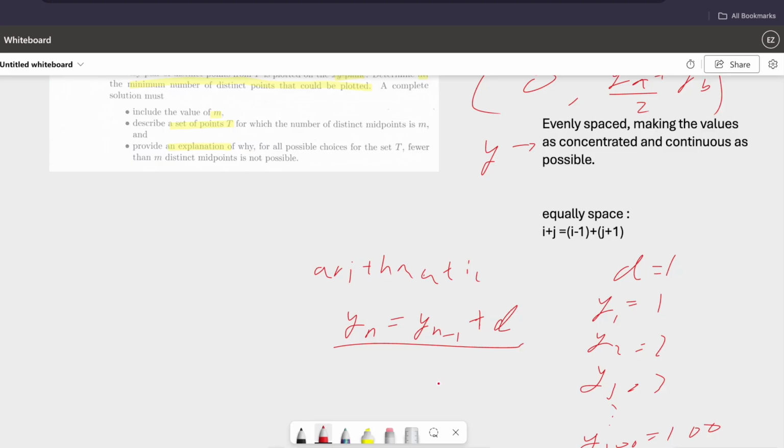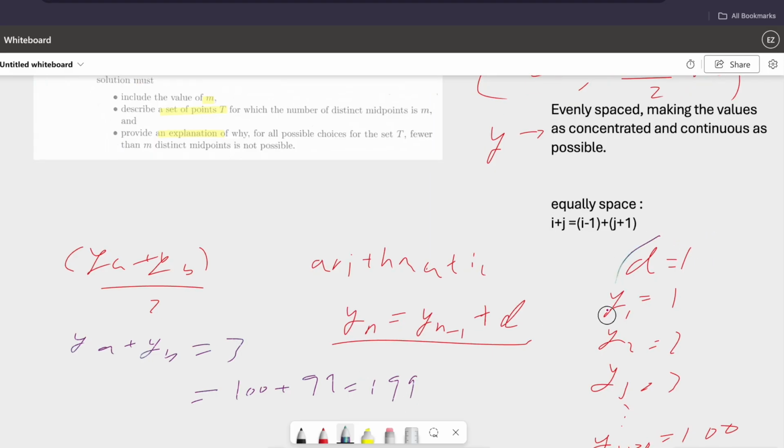Based on the formula (ya plus yb) over 2, we know the smallest summation of ya plus yb is 3, and the max is 100 plus 99, which is 199.